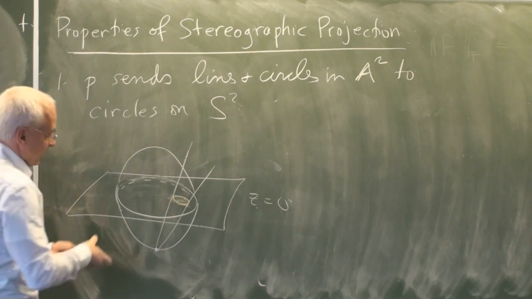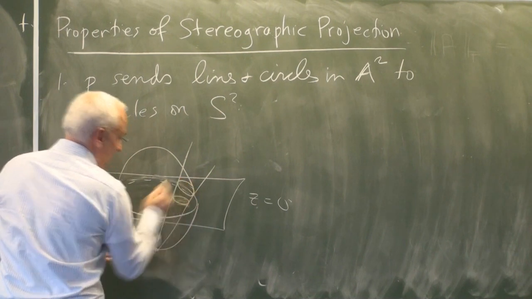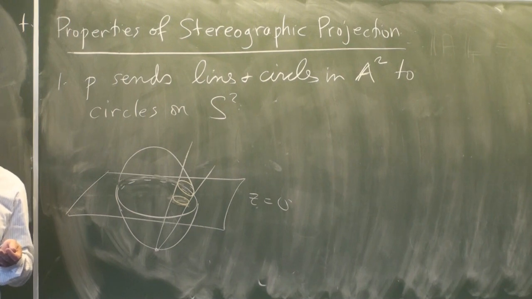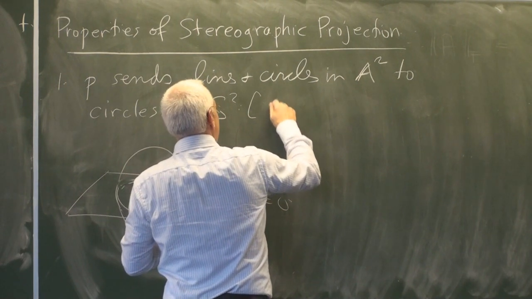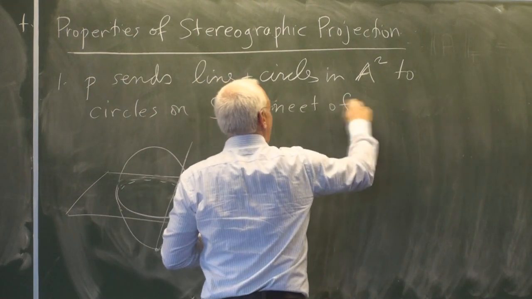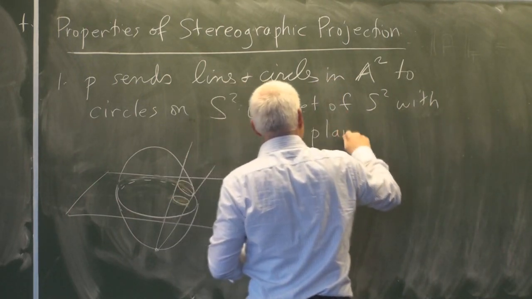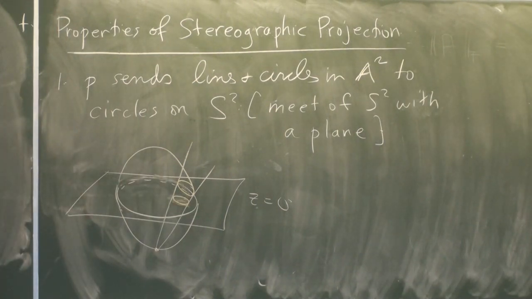And that cone, a kind of oblique cone, will intersect the sphere in actually a circle on the sphere. What do I mean by a circle on the sphere? I mean the intersection of the sphere with a plane. So a circle on S2 is just the meet of S2 with a plane.